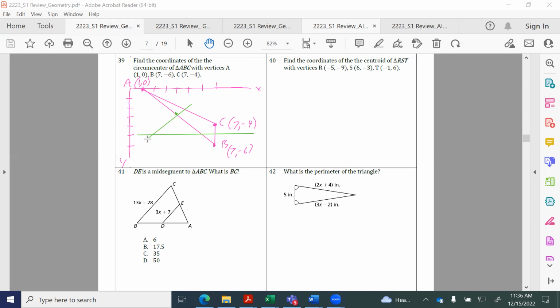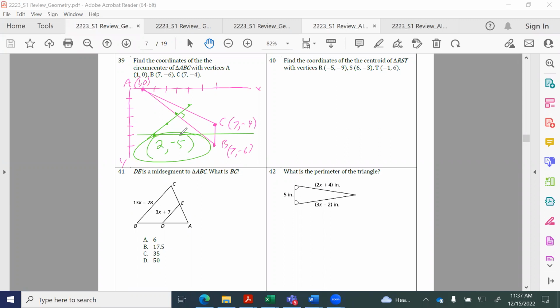My graph is not very accurate, but something like that. Again, go over, and hey, there's another point. That point is at 2, -5. That's a point we're looking for.